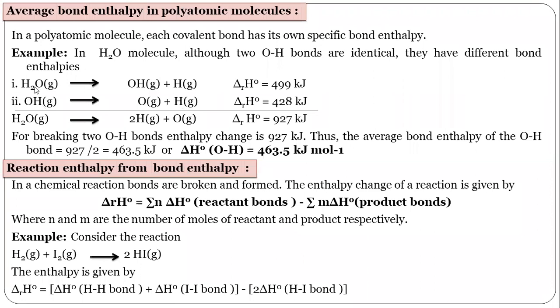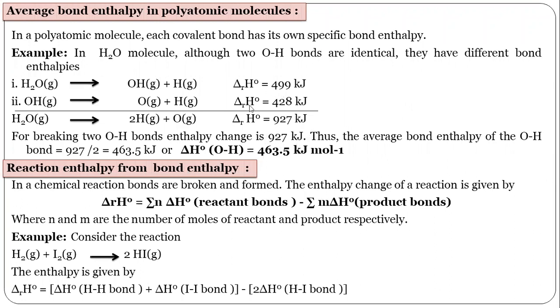So H2O gaseous gives twice H plus O. See, this is the addition, 927 kilojoule. For breaking two OH bonds, the enthalpy change is 927 kilojoules.